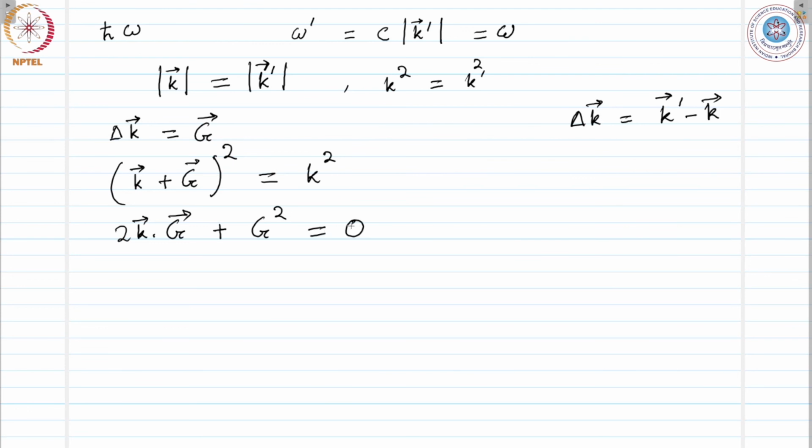Now, if G is a reciprocal lattice vector, minus G is also a reciprocal lattice vector, and we can as well call it G. There is no difference.